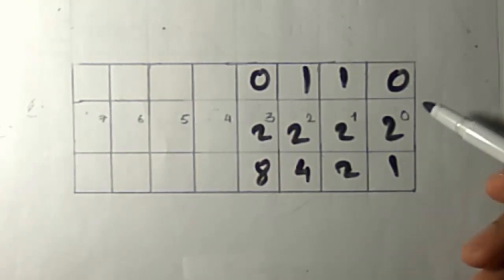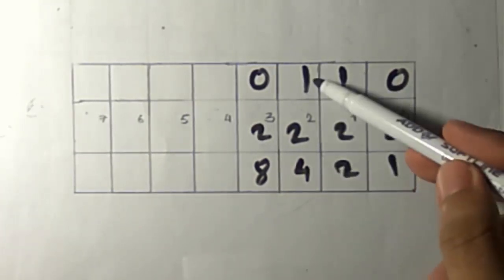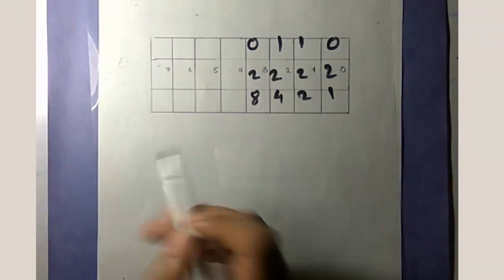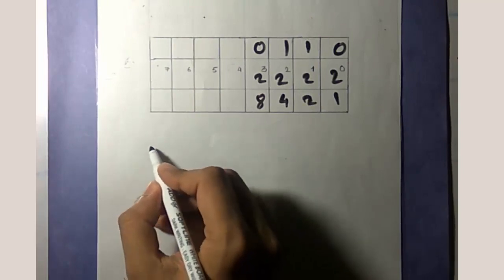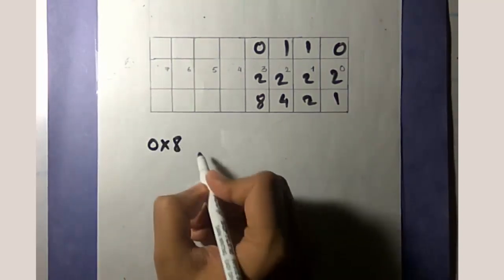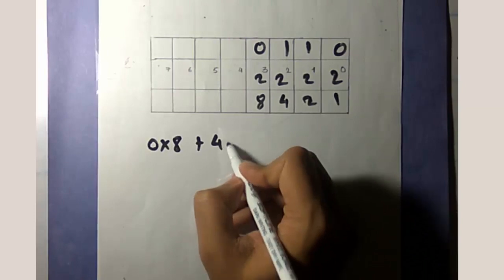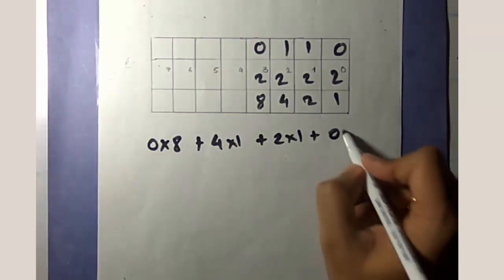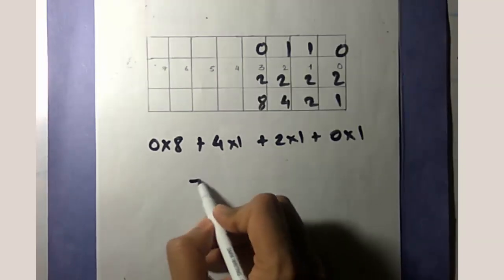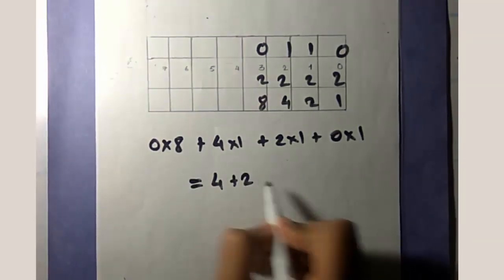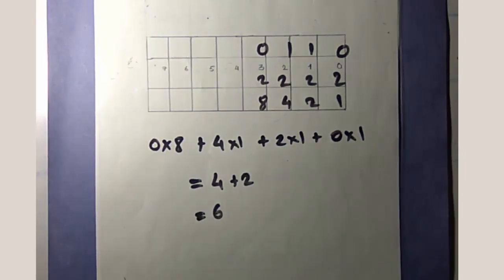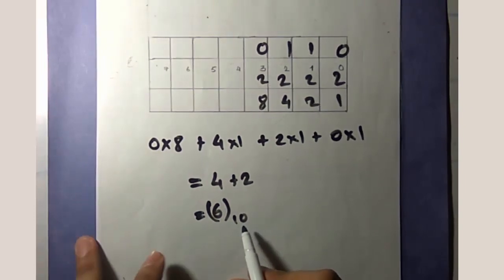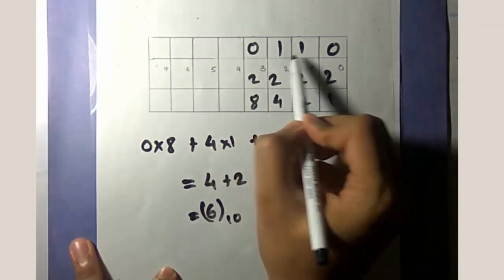We'll multiply 1 with 0, 2 with 1, 4 with 1 and 8 with 0 and add all of them individually as we did earlier. So it will be 0 into 8 plus 4 into 1 plus 2 into 1 plus 0 into 1, which is equal to 4 plus 2, 6. So 6 is the decimal number whose binary is represented as 0110.